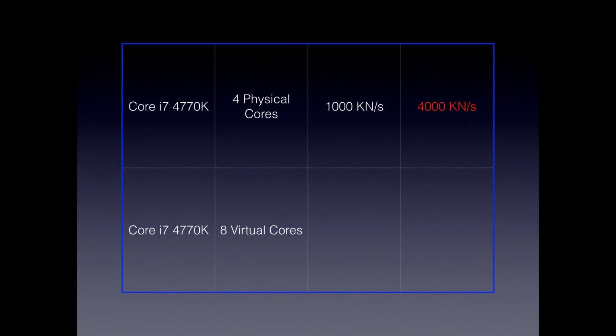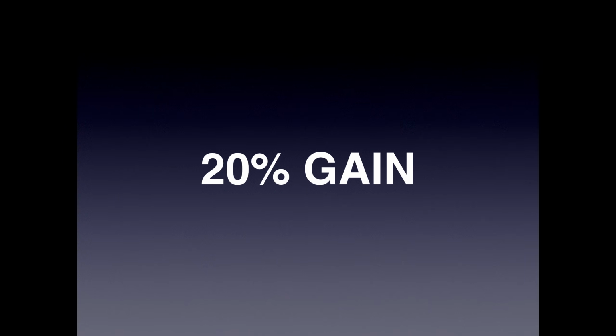That means each core is running at 600 kilonodes per second, which is slower than it was before, but you've now got 8 of them, which means that your total processing power has actually gone up to 4,800 kilonodes per second. That's a 20% gain in performance. That's pretty good.